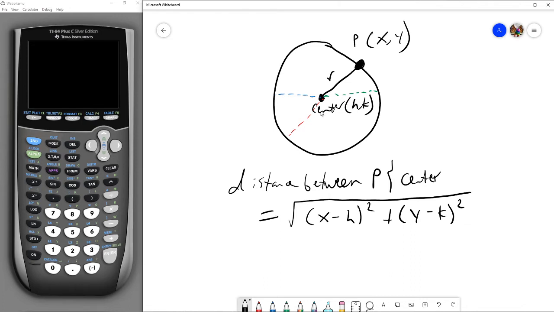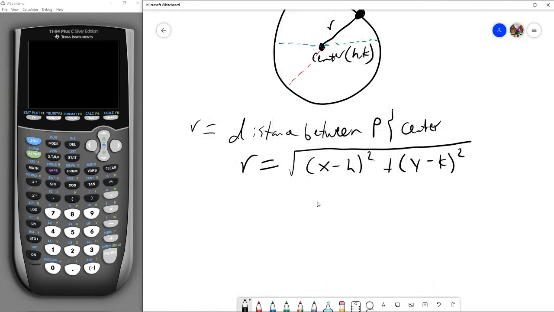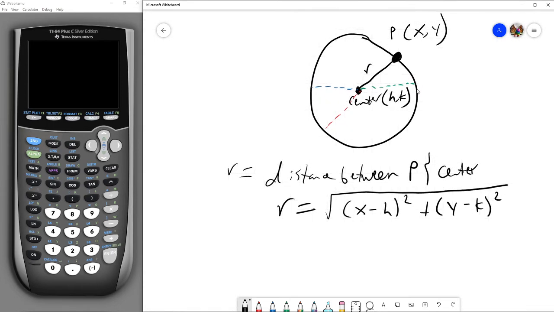But this distance is nothing other than r. So this is equal to r. We have this nice equation here from the distance formula. But if you were to plug this into your calculator, I claim you would only get half of our circle.